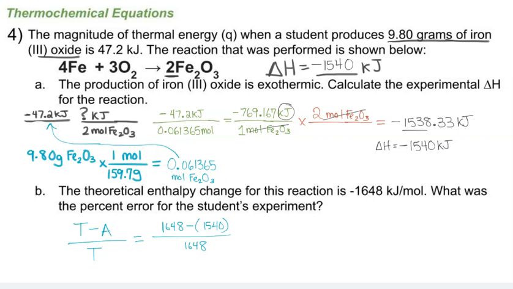So the top is 1648 minus 1540, so let's do that in my calculator. I did round my value to sig figs, and if you don't do that, you might get a slightly different answer. 108 divided by 1648, and then times 100 to convert to a percent.